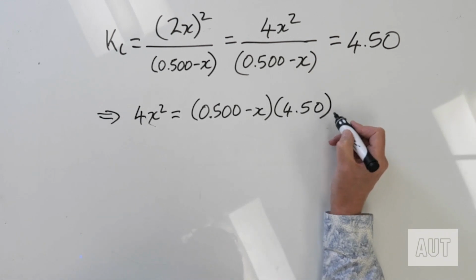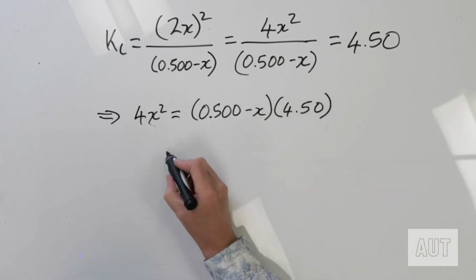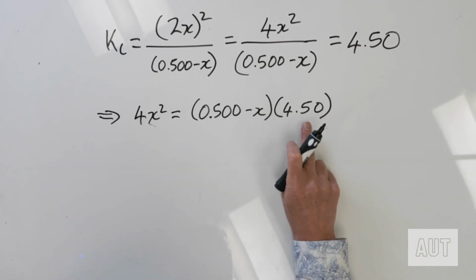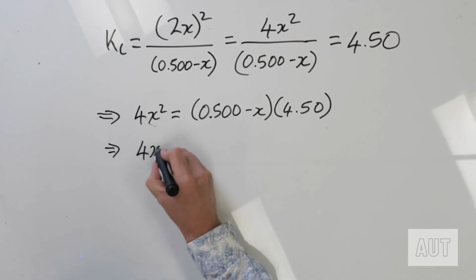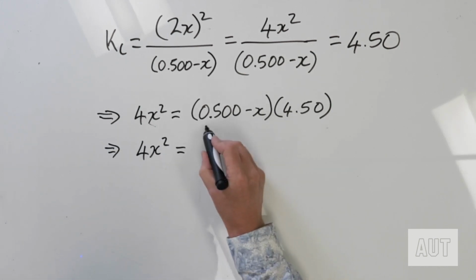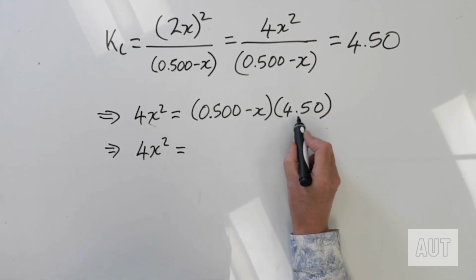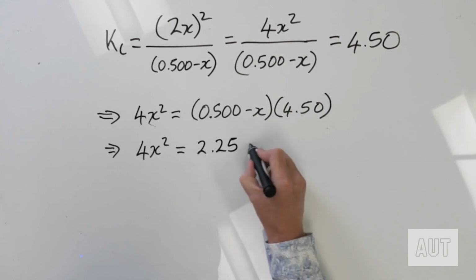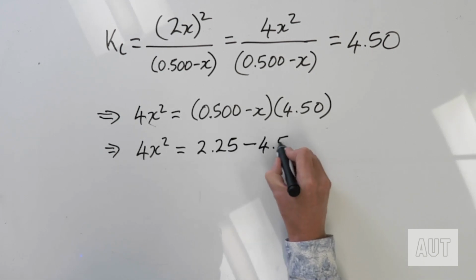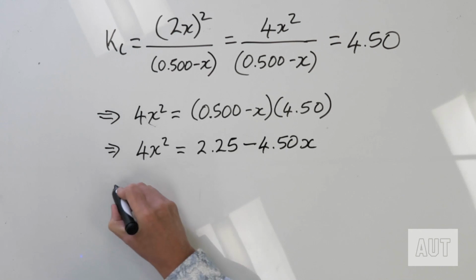Okay? And with a little bit of rearrangement, we can convert this into a quadratic equation. So what we're going to get is 4x² is equal to 0.5 times 4.5, which is 2.25, minus 4.50x.